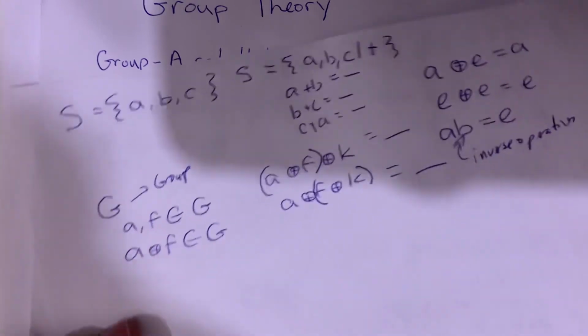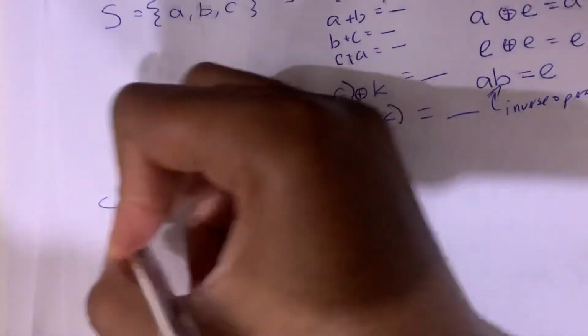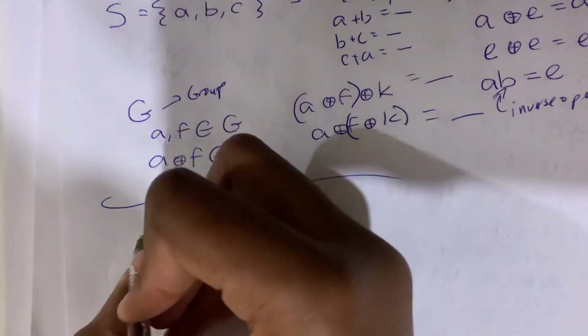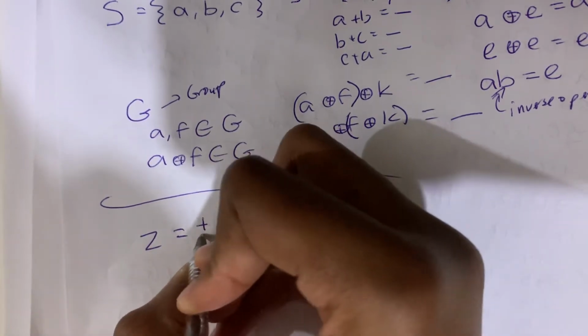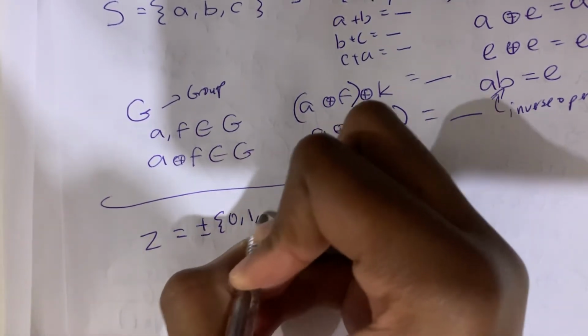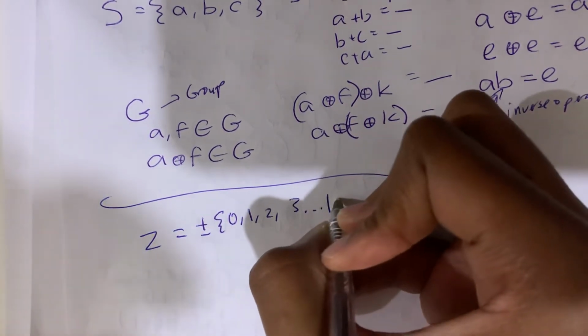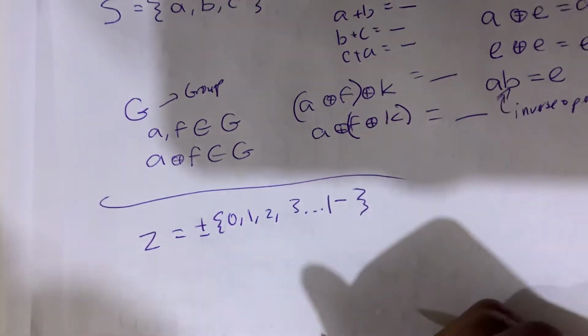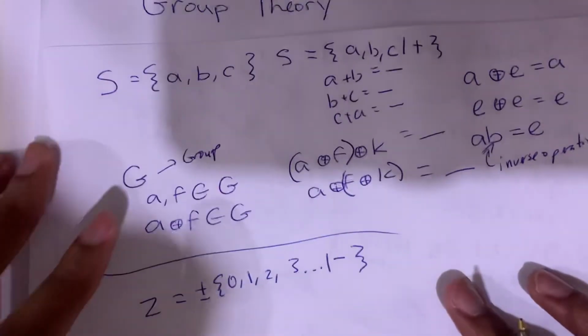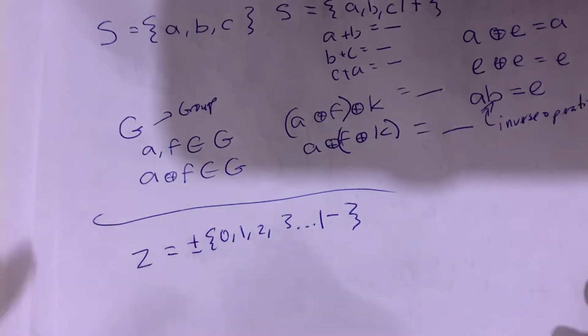Here I have the integers, plus, minus, 0, 1, 2, 3, and so on. But let's let our operation be instead subtraction. So is the integers under subtraction a group?